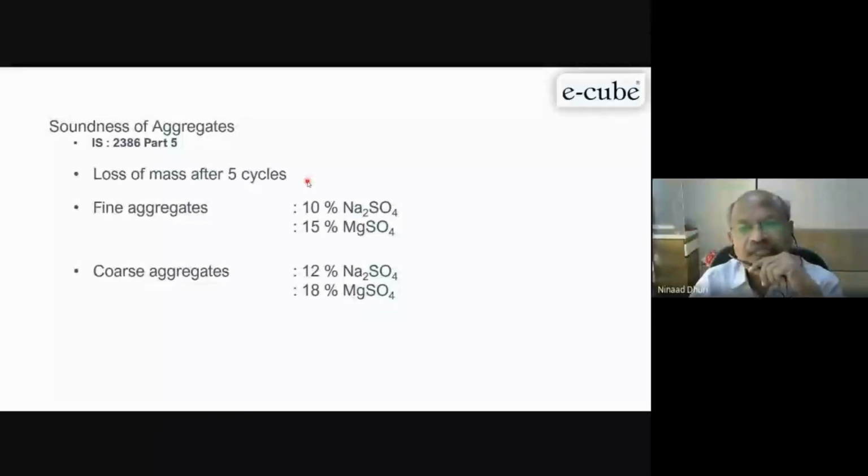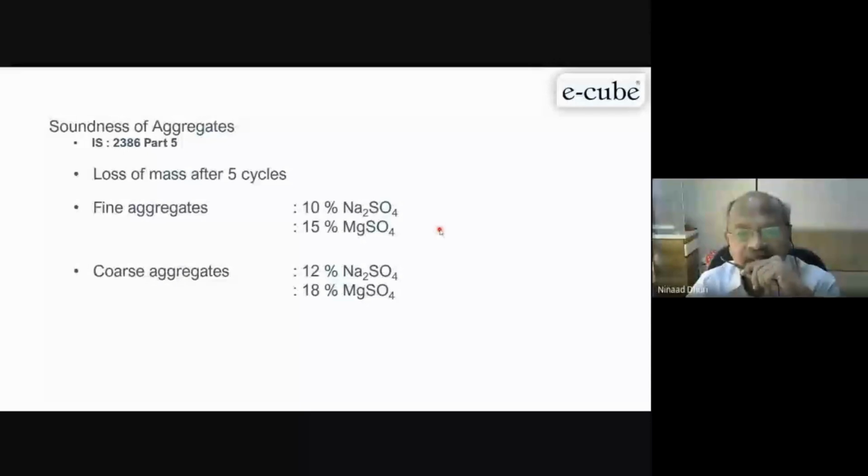So this is called one cycle. Repeat this cycle 5 times, and at the end of the five cycles, you will find your aggregates are disintegrated.